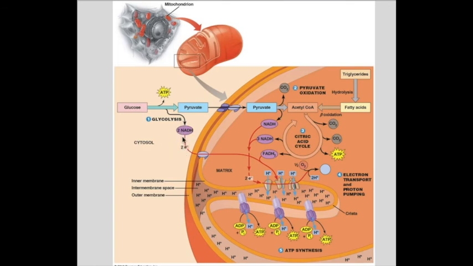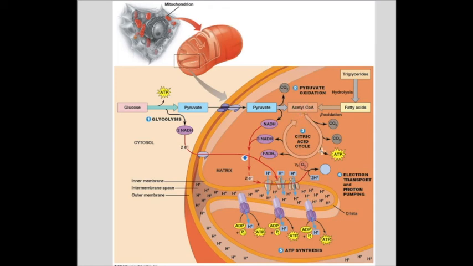These NADHs are then shuttled into the matrix so they can take part in the electron transport chain. At the same time, this pyruvate still has some more business to do, and it's transferred into the matrix, where pyruvate is oxidized into acetyl-CoA. At the same time, it loses a carbon dioxide and generates another NADH.